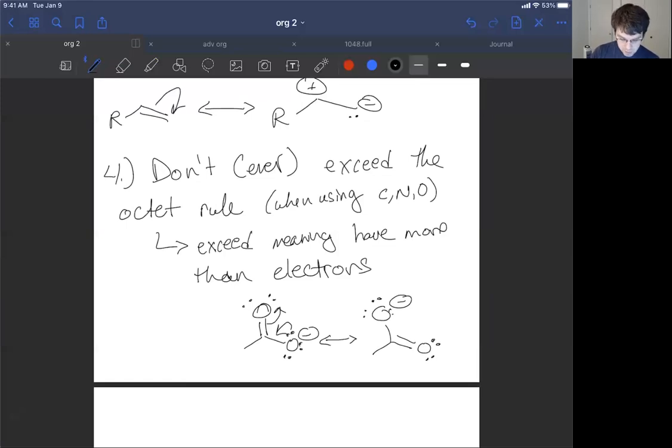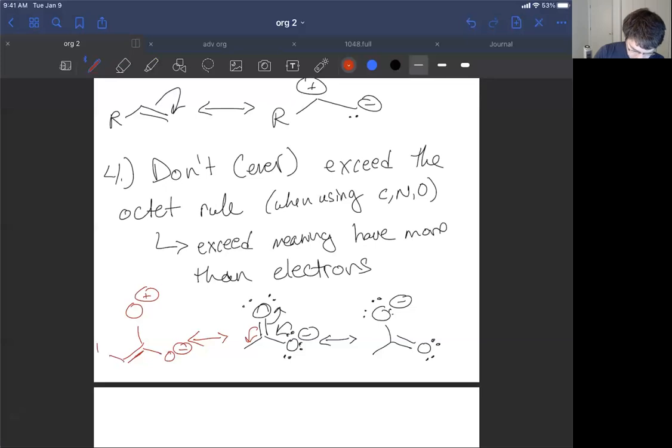Okay, but what if we instead went over this way? We would have a positive charge here. And excuse me, this oxygen would still be negatively charged. We'd have a double bond here.